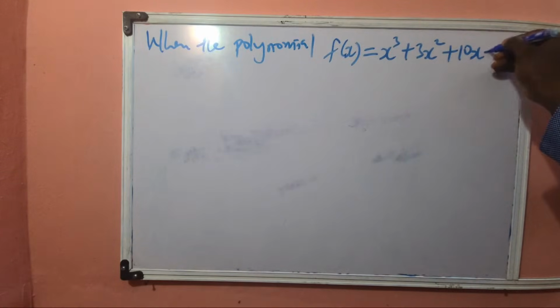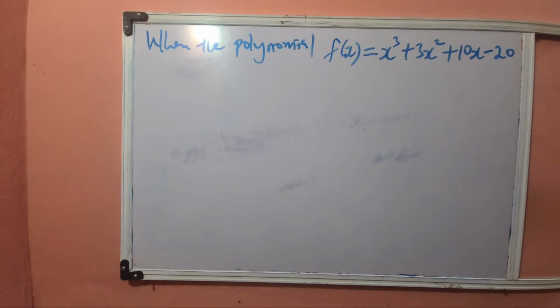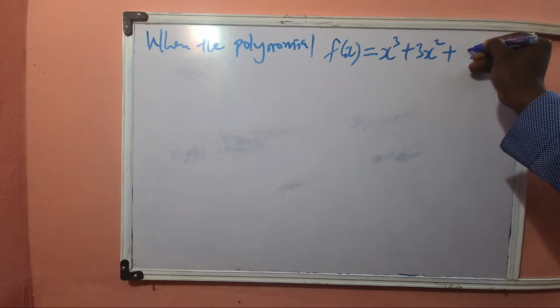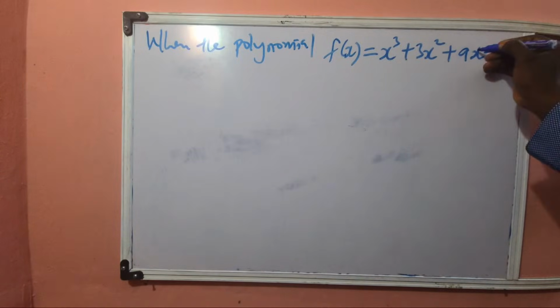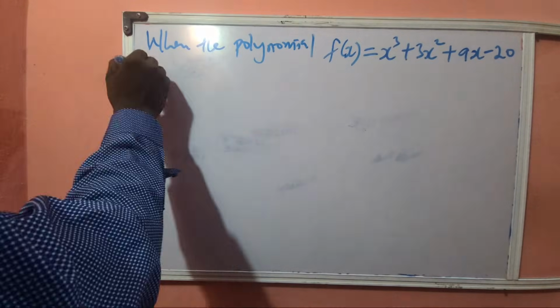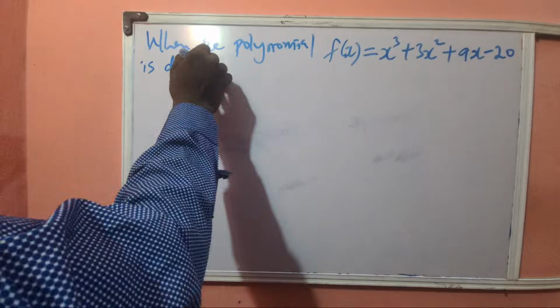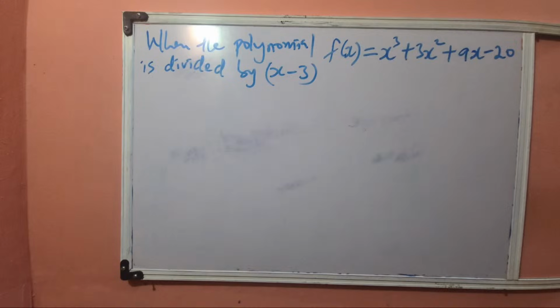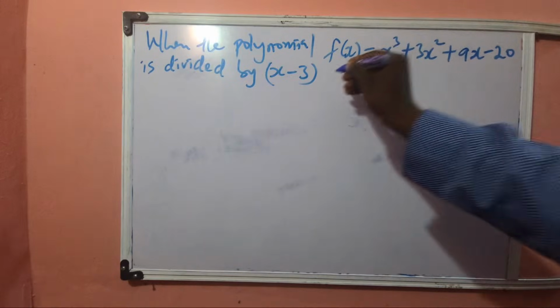So I want you guys to attempt this before I attempt it, because I really want you to prove to me that you have been following me all this while. Oh, sorry, not 10x. Actually, this is where we have our a value. It's plus ax. So it's divided by x minus 3. So the question goes on to say determine the value of a.